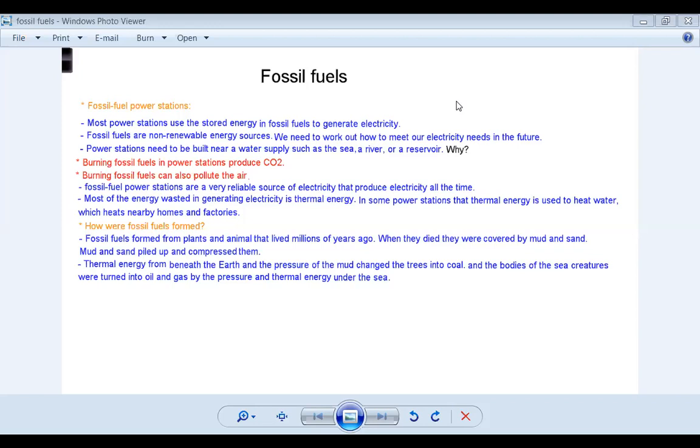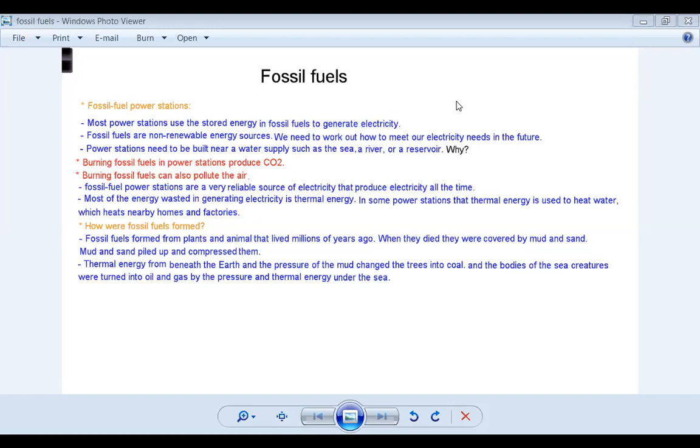It's not an oven, okay, but they are burning fuel from above, and the extra gases are of course harmful to the environment, okay. So these power stations work with steam. We have them here in Libya. They are working with steam. So they need to build them next to the water because they are using this water.